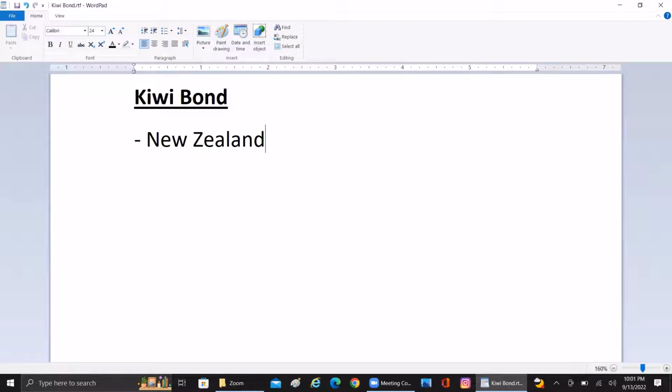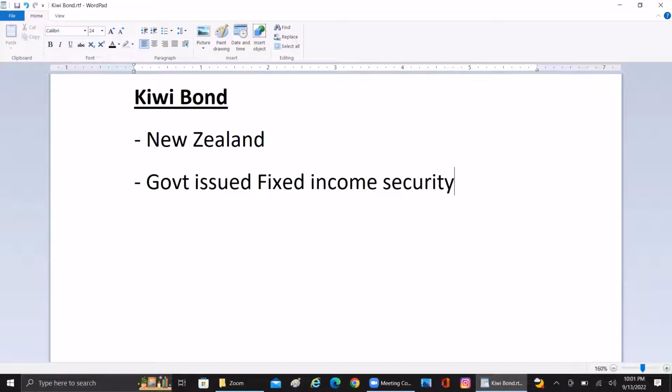The New Zealand government issues this one, and it issues only to the residents available in New Zealand.